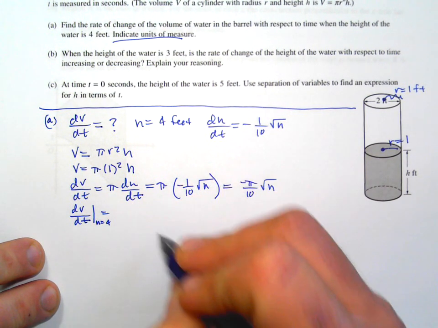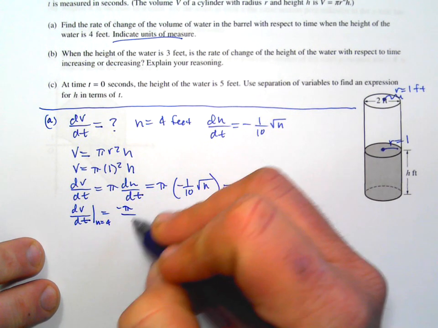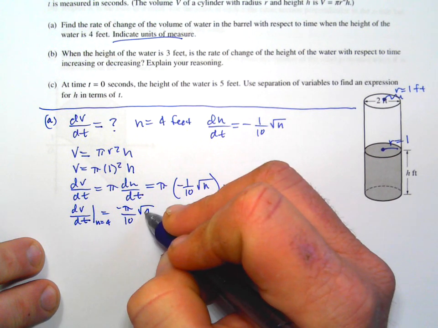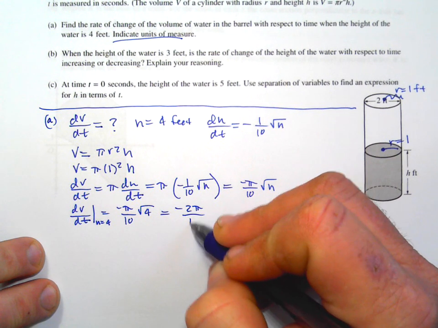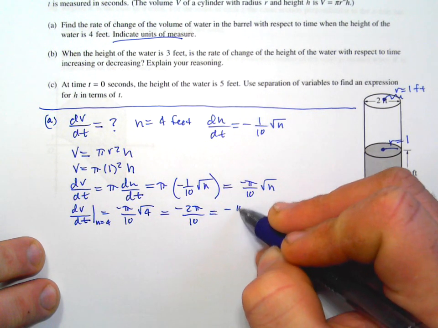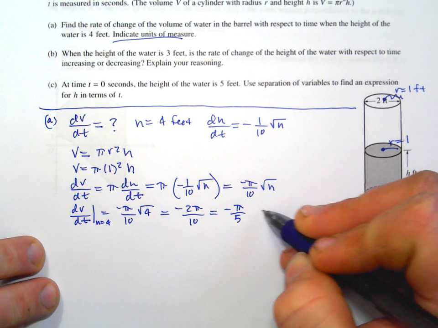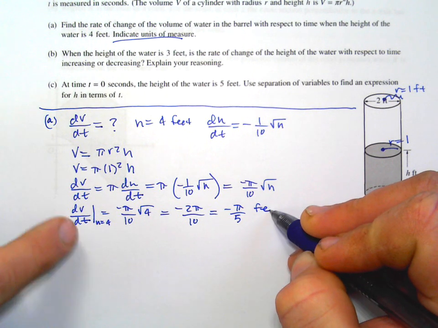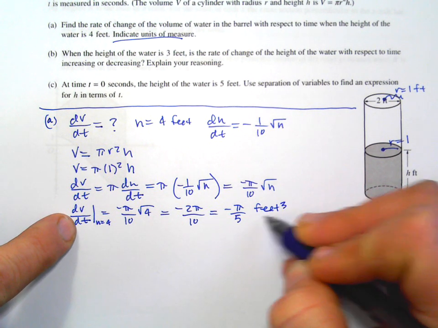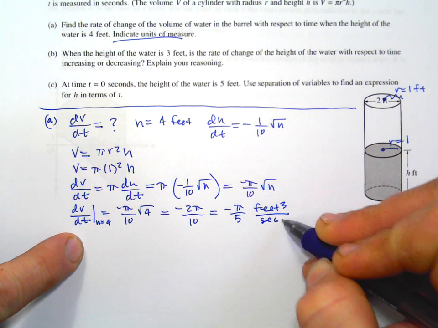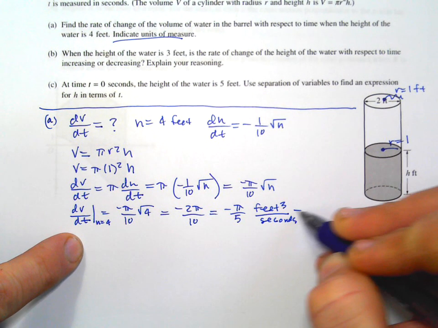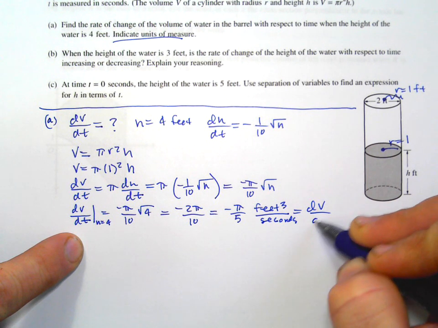So we're going to plug 4 in for height, and then we're going to get -2 pi over 10, which is -pi over 5. The units are volume, feet cubed, over time, which is seconds on this problem. Look back up. And so that's your dV/dt.